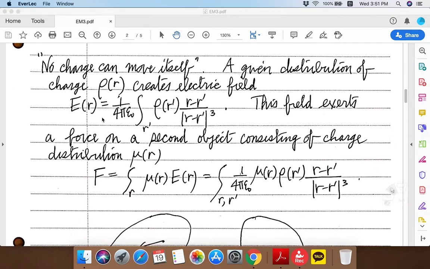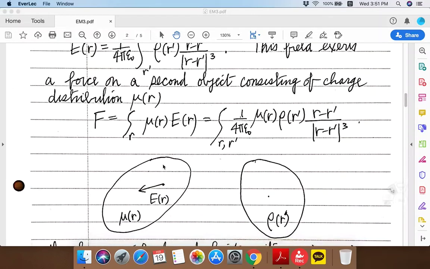And if this electric field acts on a second object consisting of its own charge distribution, and to distinguish this from the first object's charge distribution, I'm going to call this mu. The force acting on the second object will be given by the integral of the charge density multiplied by the electric field integrated over all the regions of space that the second object occupies.